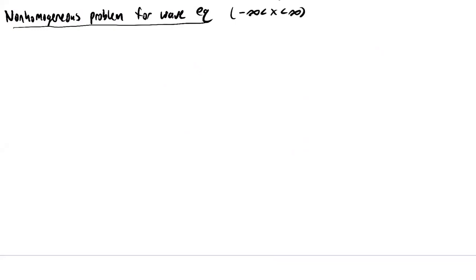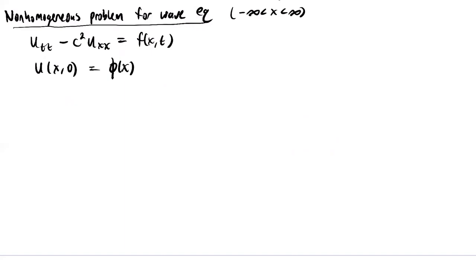And so remember, what did this initial value problem look like? Well, I had u_tt minus c squared u_xx is equal to 0. Now we're going to consider the non-homogeneous version, so it's going to be equal to some function f of x,t. And then we had the initial conditions, right? The initial position of the wave at time 0: u is equal to phi of x.